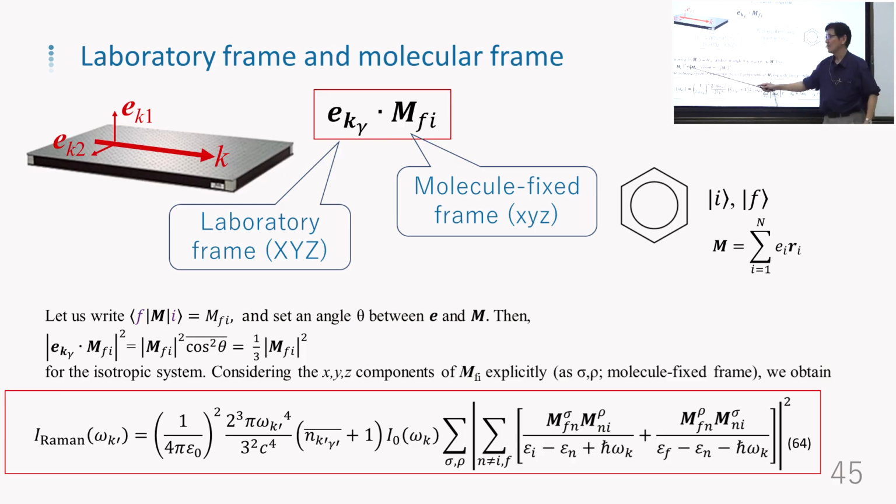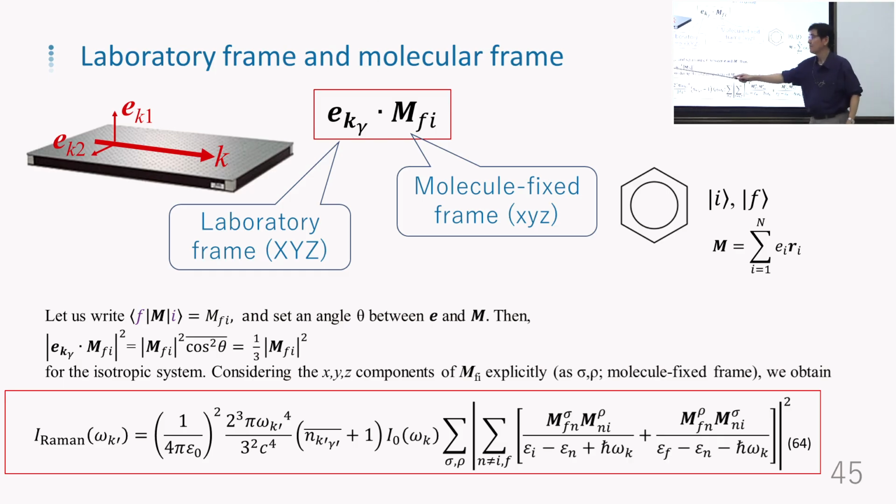And the expected value of the cosine square theta, the average value of the cosine square theta, is 1/3 in the case the molecule randomly distributes, in the case of isotropic distribution. So we can replace this term in the equation with this term.